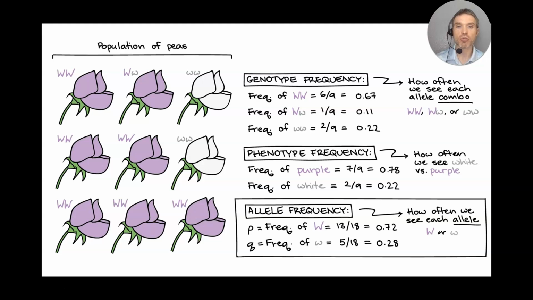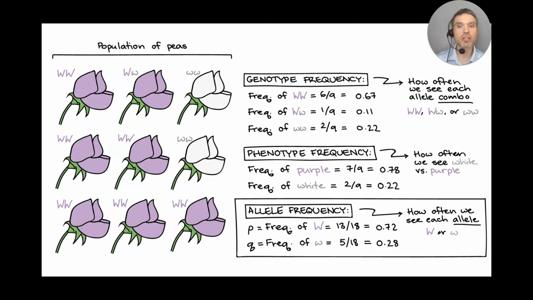If the question asks what is the phenotype, well, there are 1, 2, 3, 4, 5, 6, 7 purples and 2 whites. 7 divided by 9 is 0.78. 2 divided by 9 is 0.22. That would be our frequency of purple or our frequency of white, respectively. And the last one is really the focus of today, the allele frequency.